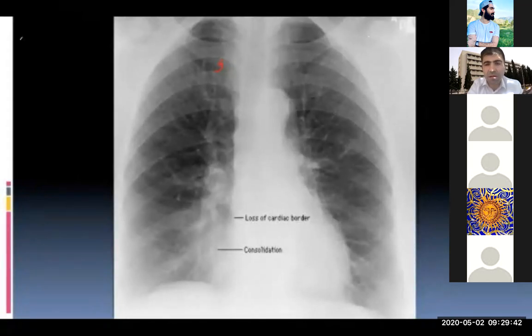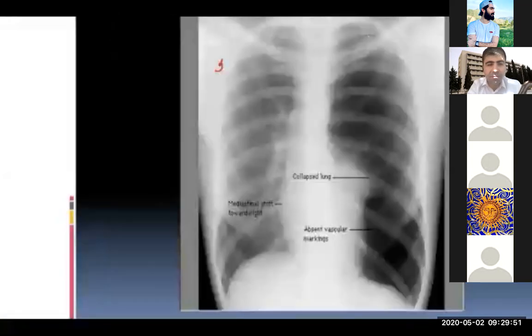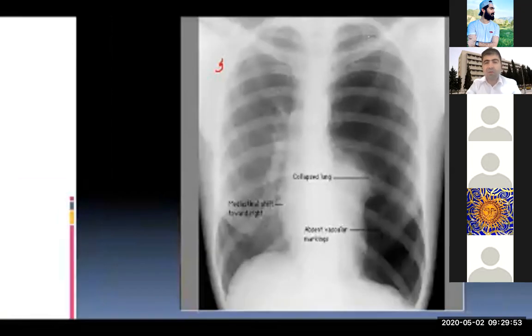I will ask you how to interpret this chest X-ray according to our ABCDEF system. I'm going to help you with that. Can you tell me what you see in this chest X-ray according to our ABCDEF system?